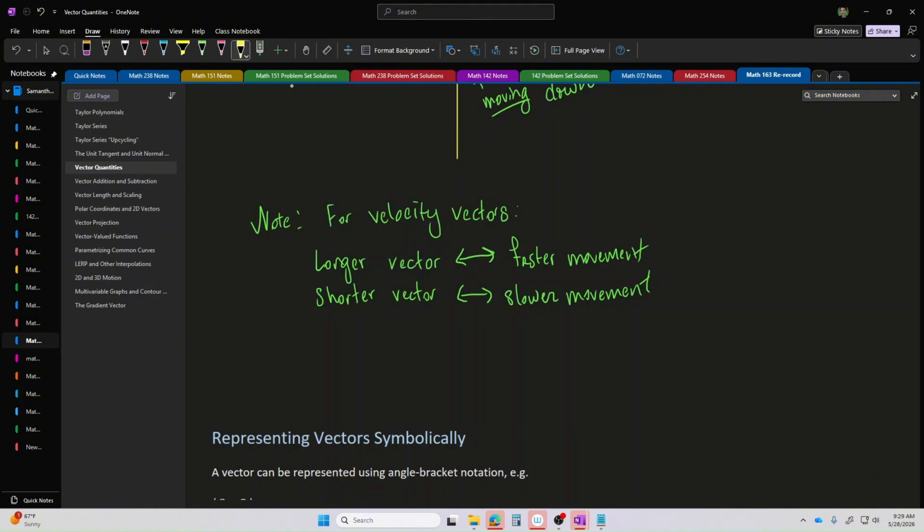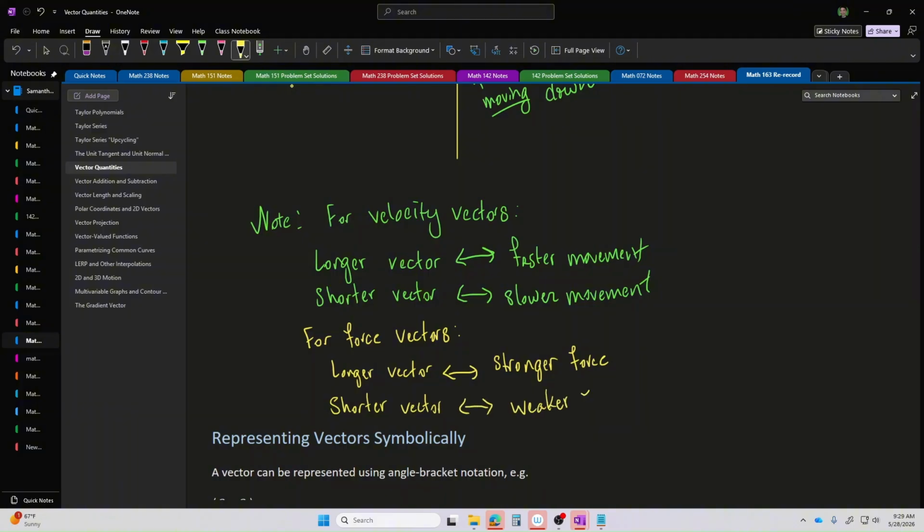And for force vectors, if you see a long vector, that communicates a strong or intense force. And if you see a shorter vector, that represents a relatively weak force.